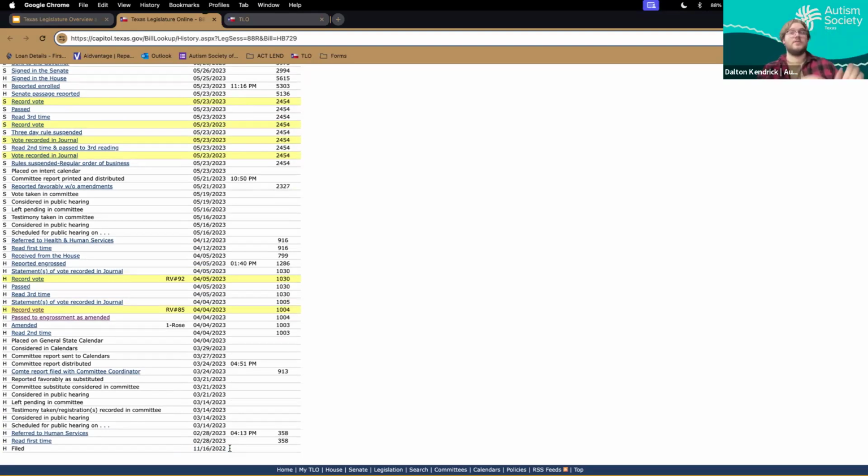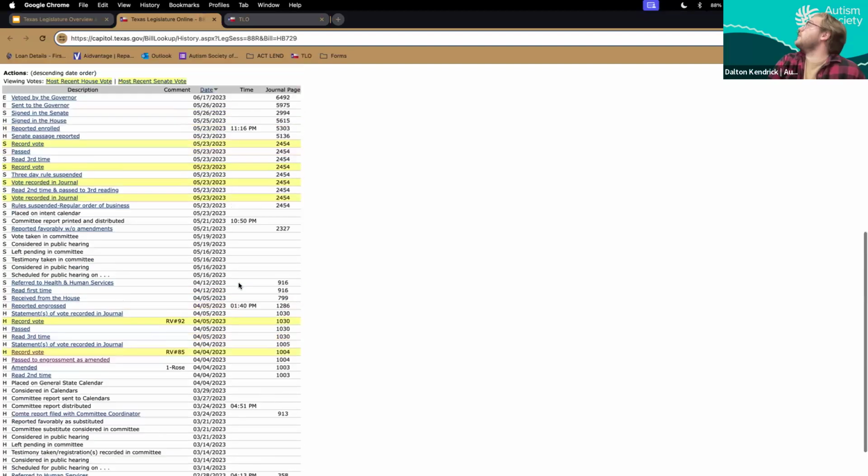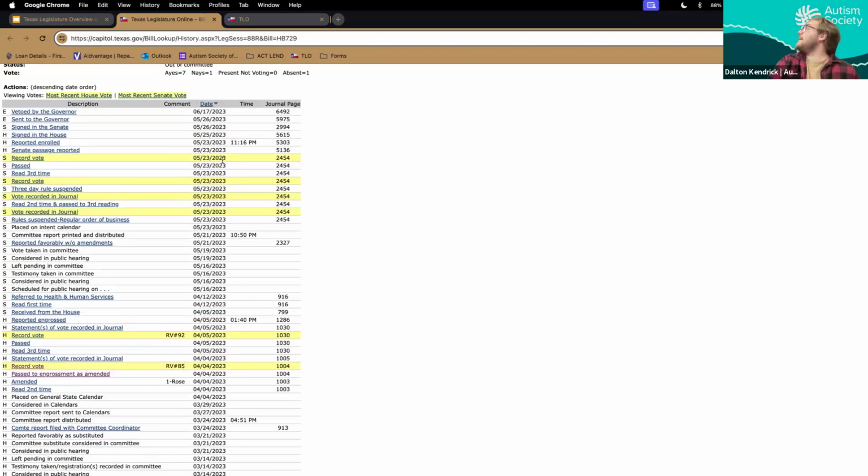Got all the way through one house, got all the way through the second. It took, let's see, 5 months for it to pass both bodies, and then it got vetoed. That was a really unfortunate one.